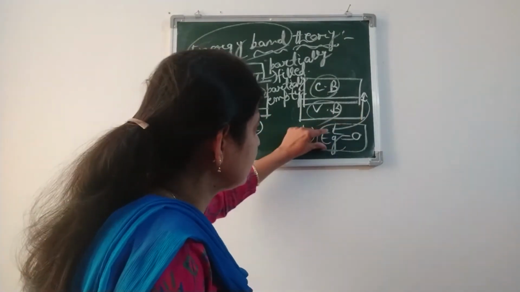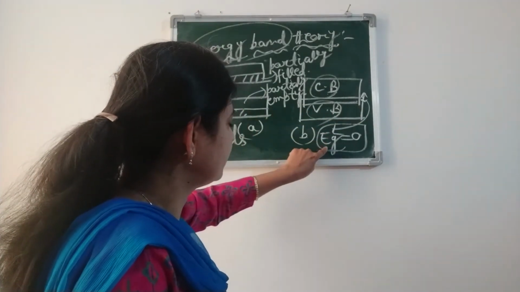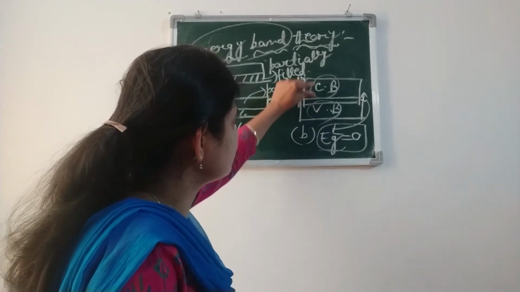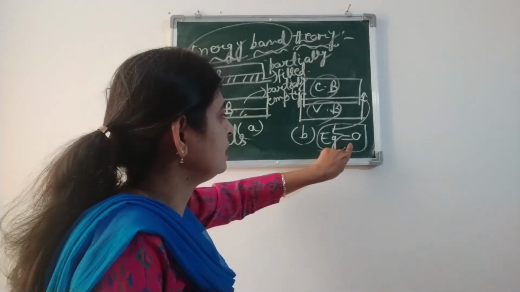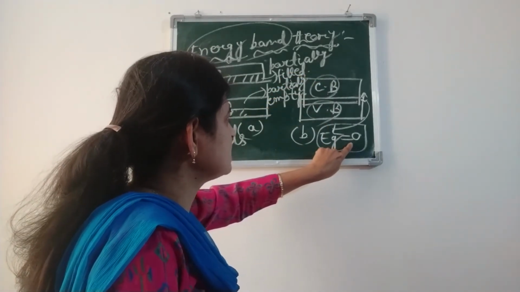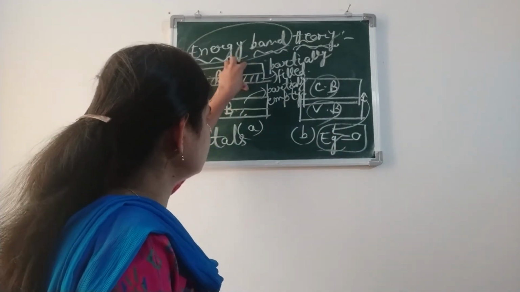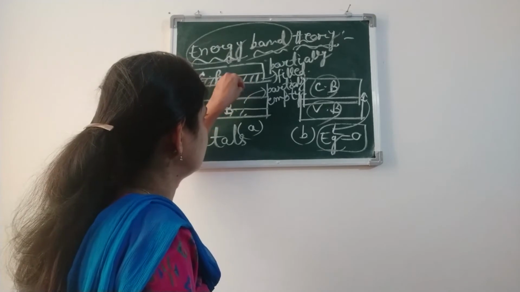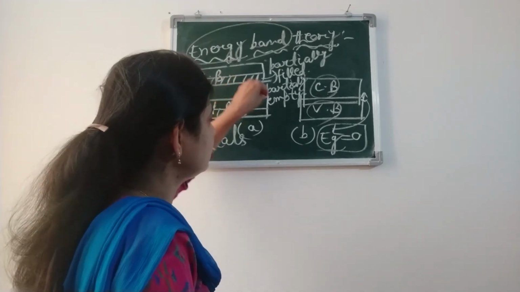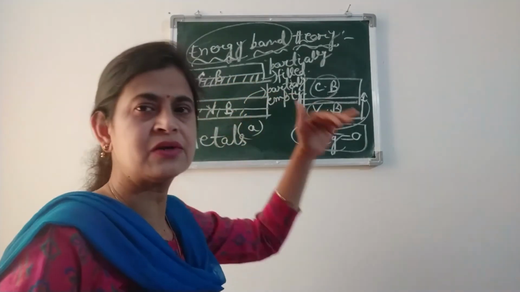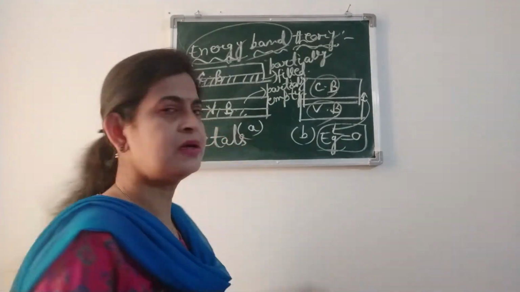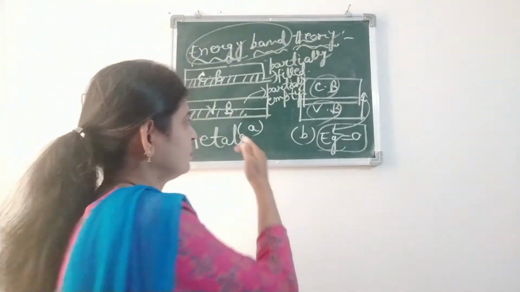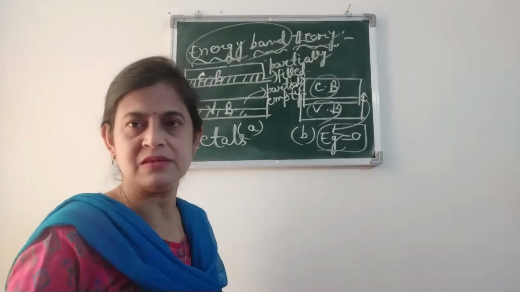Remember, the forbidden energy gap between the valence band and conduction band is 0. That means in metals the resistivity is very low, so the electrons can flow easily, and current can pass through the conductor easily.